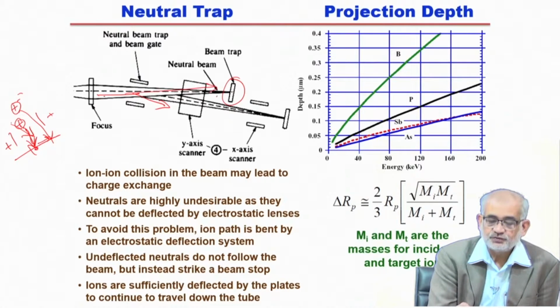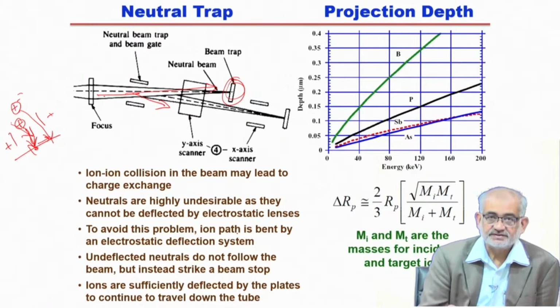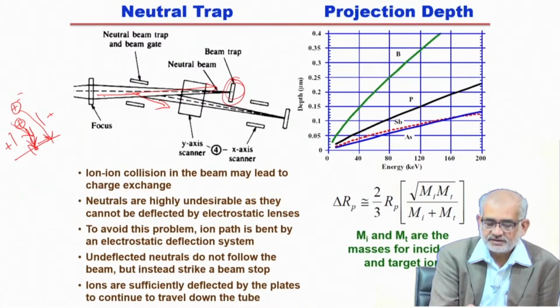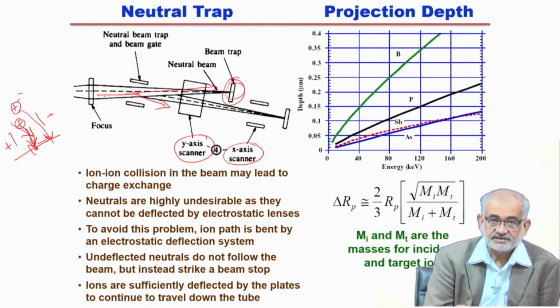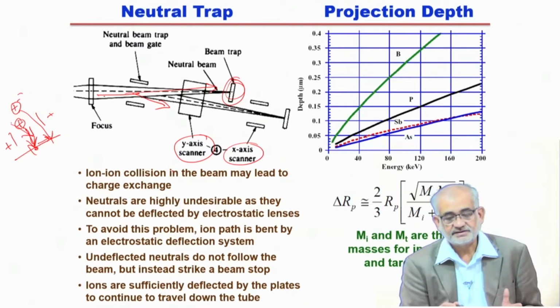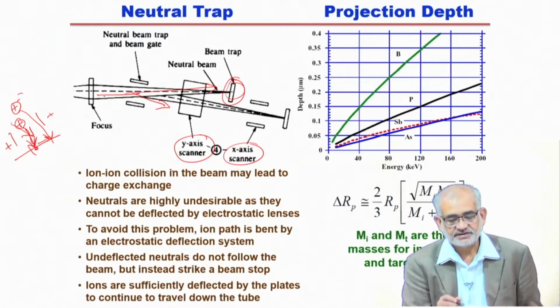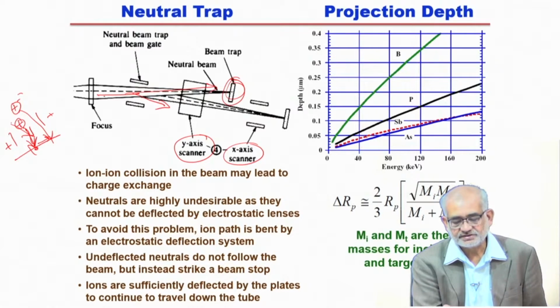So they continue to move in the same linear path and then get trapped here, maybe in a metallic or some other trap in which they get arrested. But the ions now actually get deviated, and with the help of this XY or XX or YY electrostatic deflector, you actually can make them focused precisely onto the spot where you want them to be incident.